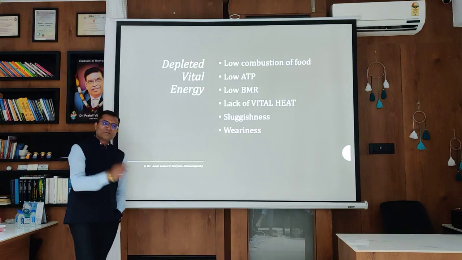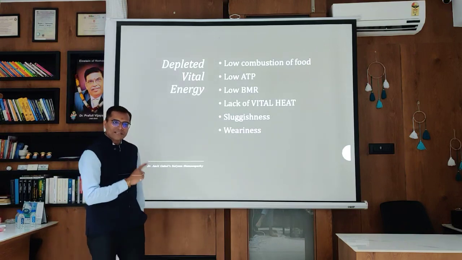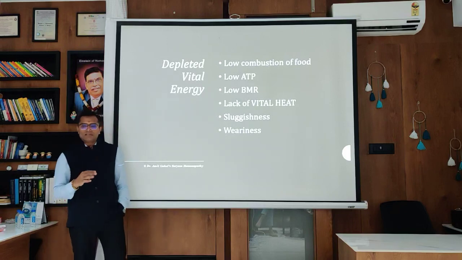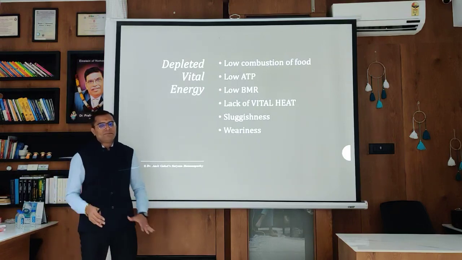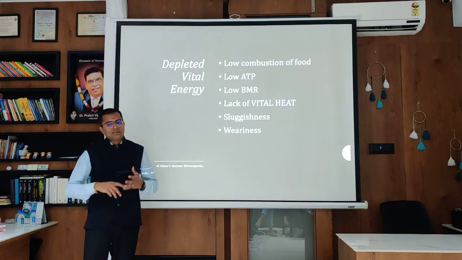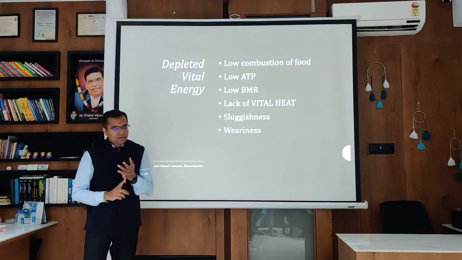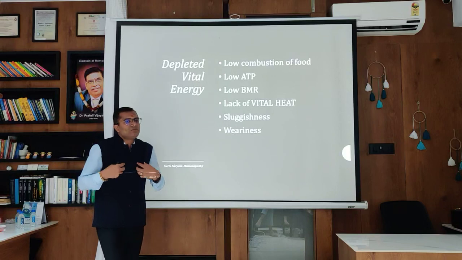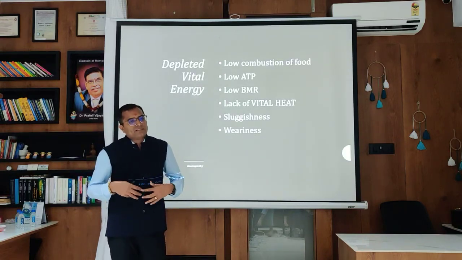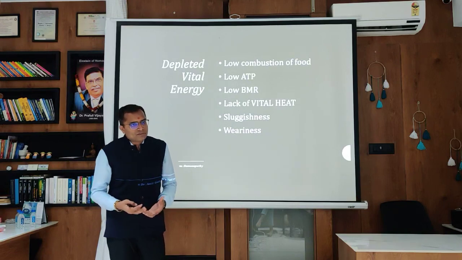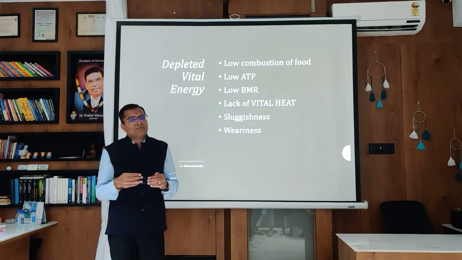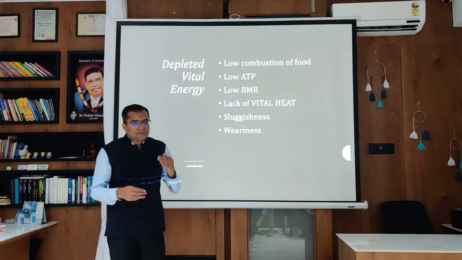So Carbon's expression at the clinic is sarcastic. What does Carbon express at the physical level? The physical level has depleted vital energy because everything is slow. So there is low combustion of the food, which means the food that goes inside is digested slowly. Slow digestion leads to slow conversion of ATP. So there is low ATP, and low ATP leads to the basal metabolic rate going down.